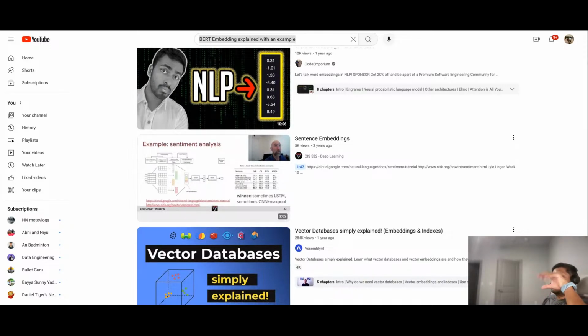So segment IDs classify whether it is the first sentence or the second sentence. The first sentence is marked with 0 and the second sentence is marked with 1. If there is only one sentence, with one class token and one separator token, they are going to use all ones.